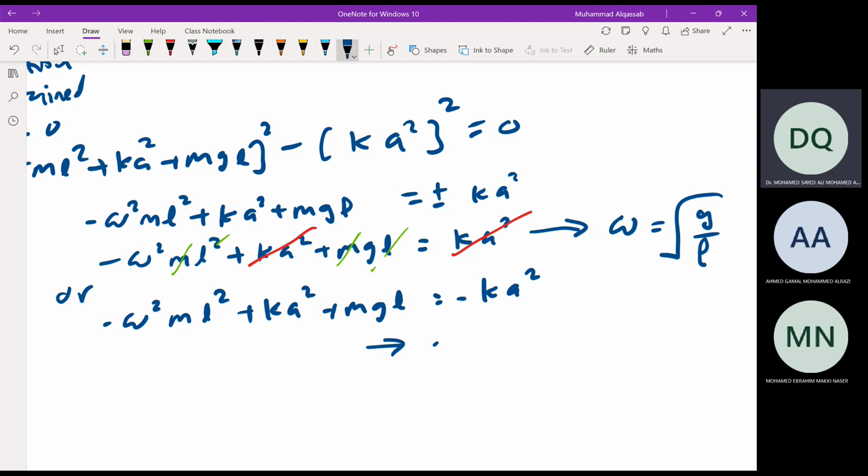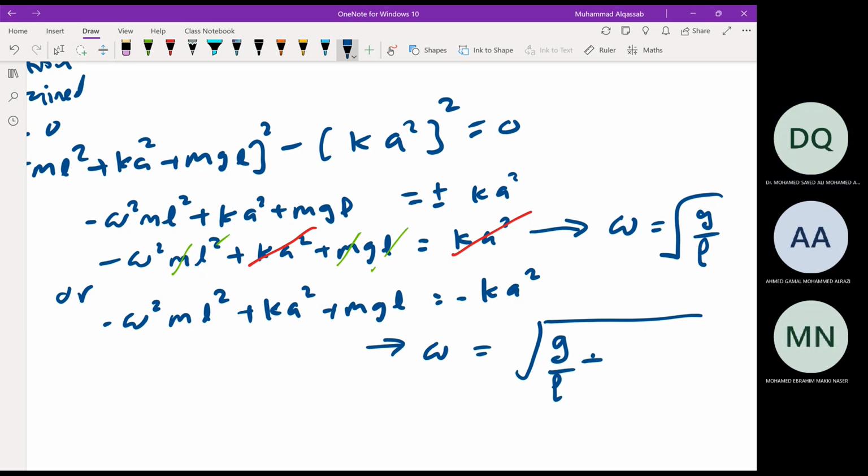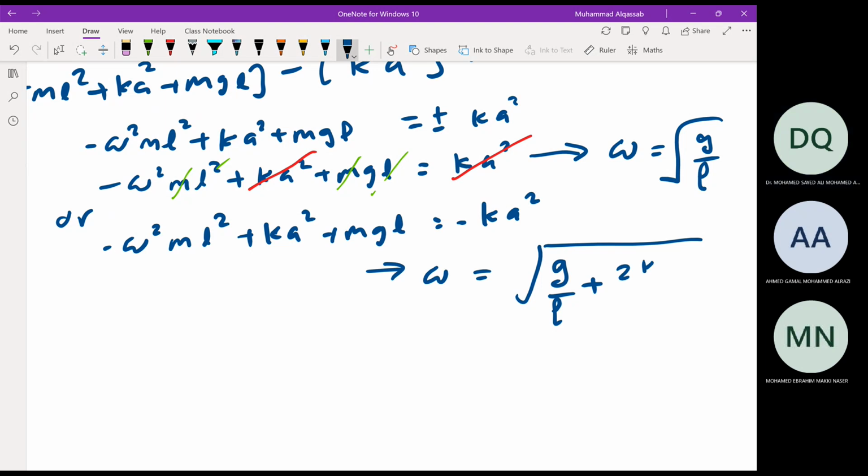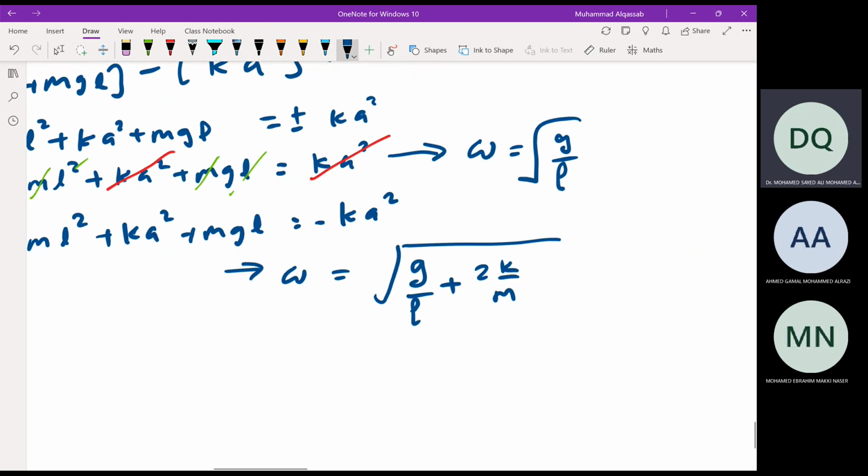And this will give us omega equal to the square root of, when you divide by ml squared, G over L plus 2K over M, a squared over L squared.